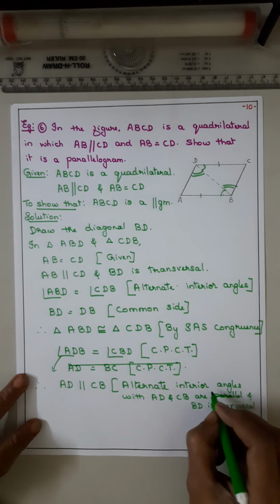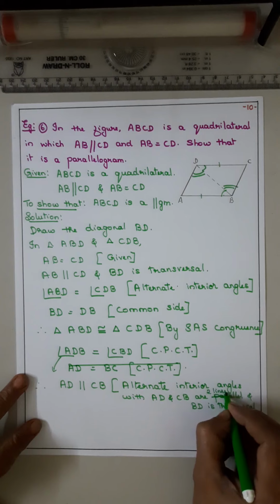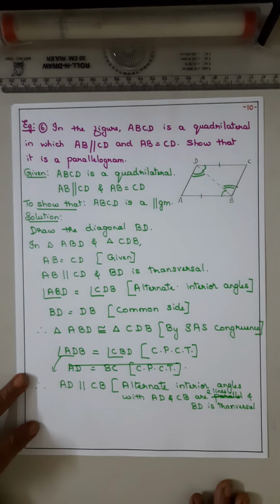Here are two lines. Now they are equal, that is why they are parallel. Okay.